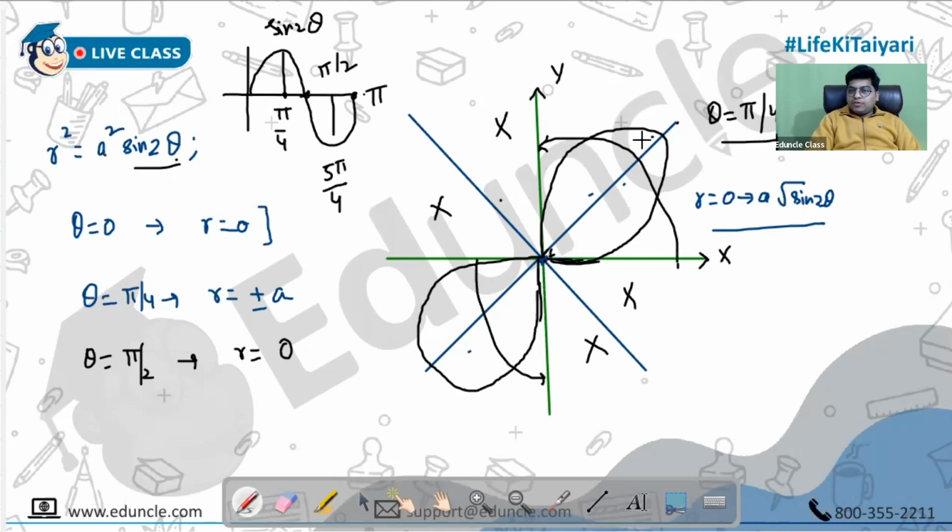What is r? r is from this point to the curve. See, r is not negative. What is r? r is called the radius. This is from curve to curve. I think you are saying r is 0 to plus minus sin 2 theta.